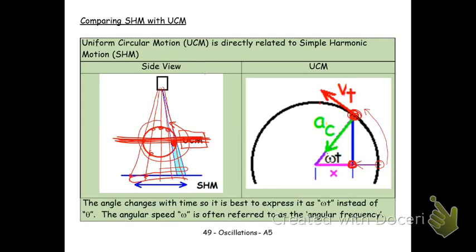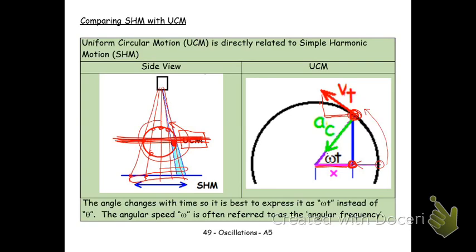Now, my displacement is the x component of this triangle for the circular motion. My velocity for the oscillator is the x component of this velocity for the circular motion.